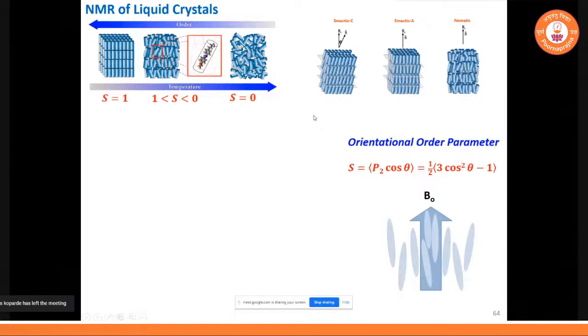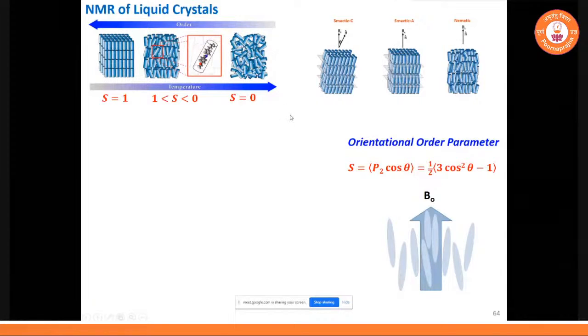Okay, now what is liquid crystal? A liquid crystal is a substance that can have more than 1 melting point. Depending on the arrangement of the molecules, molecules in the liquid crystal phase can arrange in layers, which we call smectic, and some are arranged in a random fashion.